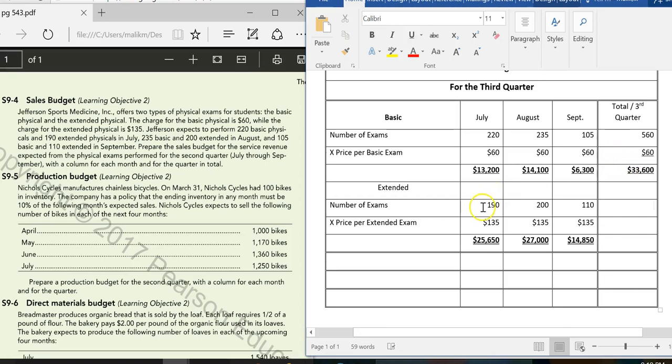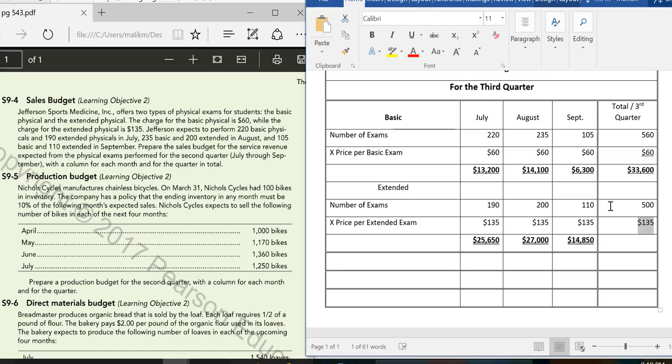We will do the same thing for the extended one. Let's add all these extended forecasted exams for the 3 months: 190 plus 200 plus 110, and we got a total of 500 extended exams. And again, for the extended exams, they charge $135.